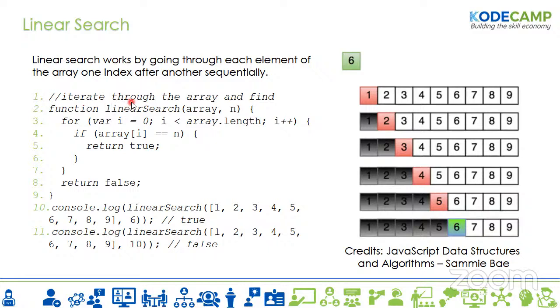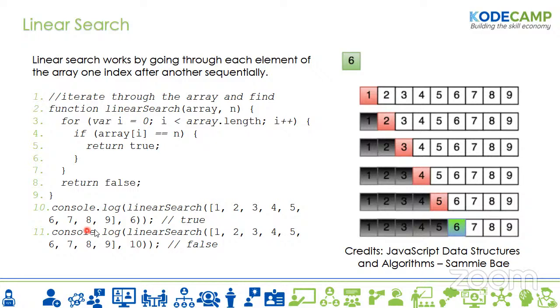So here it says what we want to do on this side. We have a data set. Let's assume this is an array with numbers from 1 to 9, in positions 0 to 8. So we have numbers 1 to 9 in this array.